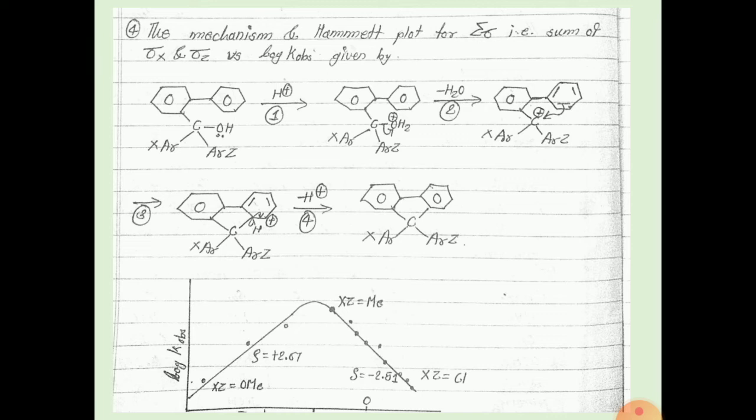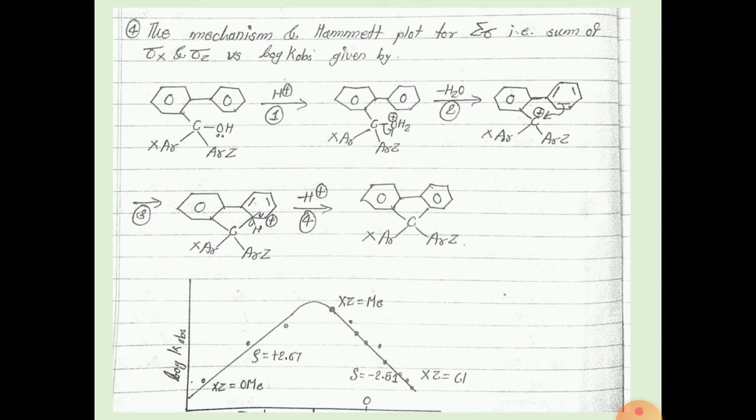The intermediate is the carbocation. In this graph, log k observed is plotted against the sum of sigma plus and sigma y. Here the xz value is OMe.